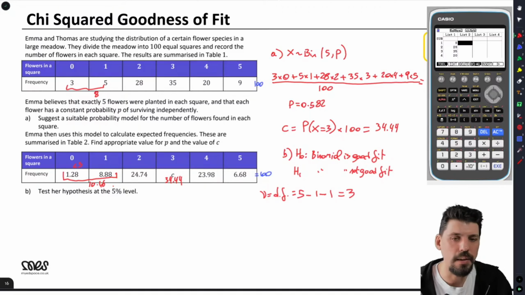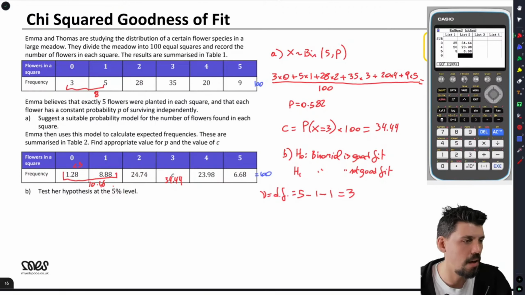We put in our expected frequencies, 10.16, 24.74, 34.44, 23.98, and 6.68. And then we can do a test.